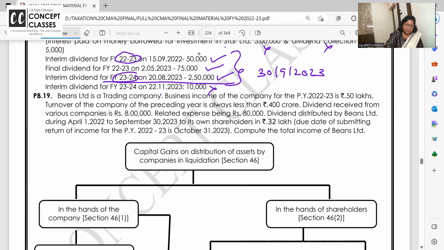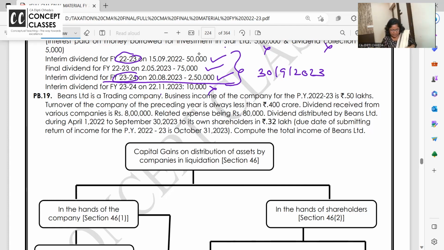Now, turnover of the company of the preceding year is always less than 400 crores, so this company is going to pay 25% tax. Now, dividend received from various companies is 8 lakhs. Related expense is 80,000. The 80,000 expense will not be deducted anywhere. Not allowed.